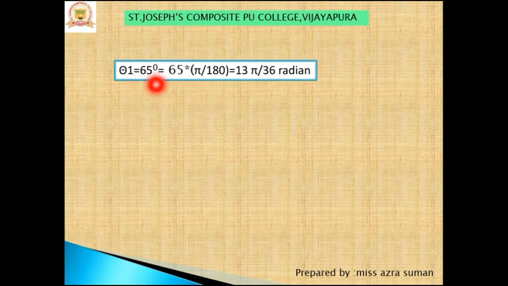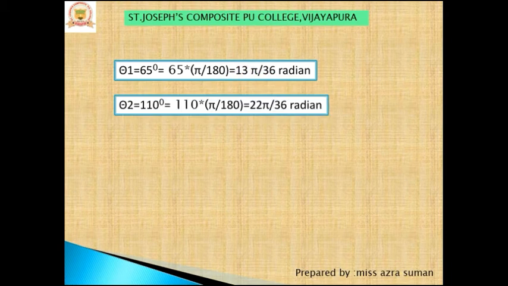See, 65 degree equals 65 into pi by 180 radian. When you multiply degree measure by pi by 180, you get it in radian measure, which equals 13 pi by 36 radian. Similarly, theta 2, whose angle is 110 degree, equals 110 into pi by 180 radian. On calculating, you will get 22 pi by 36 radian.